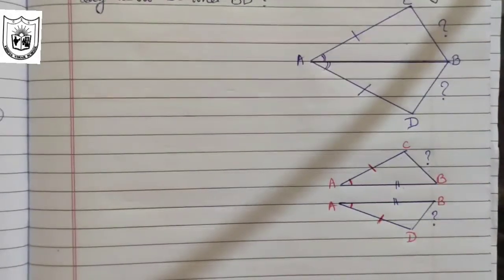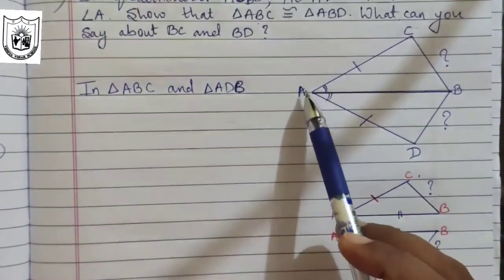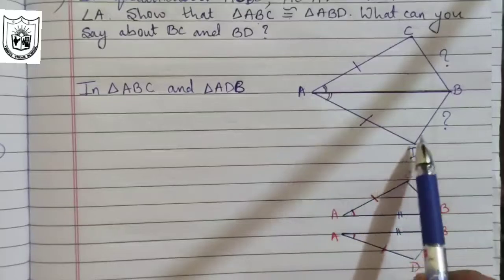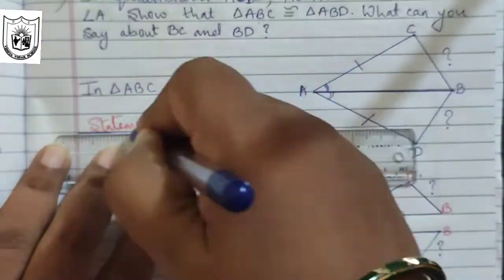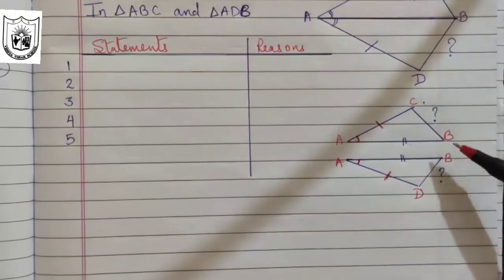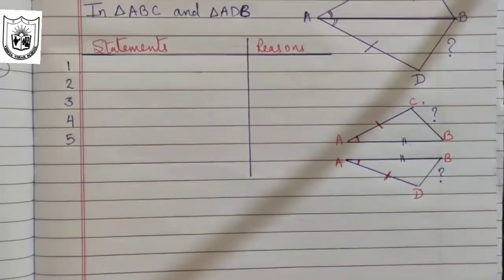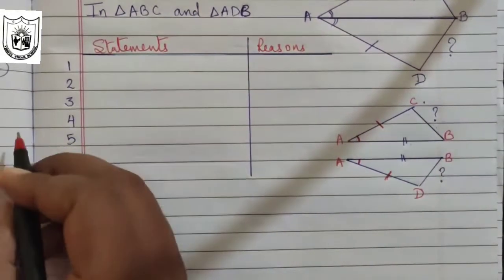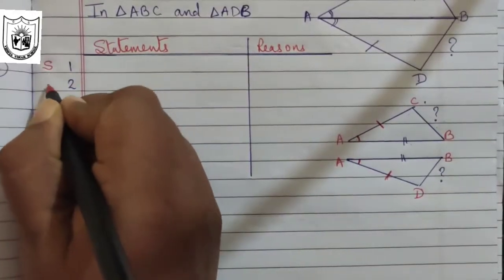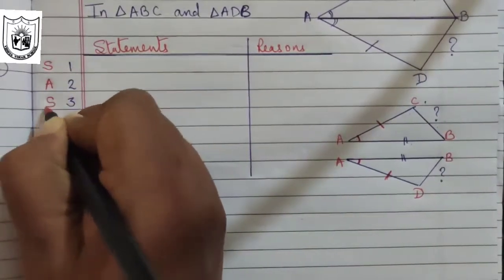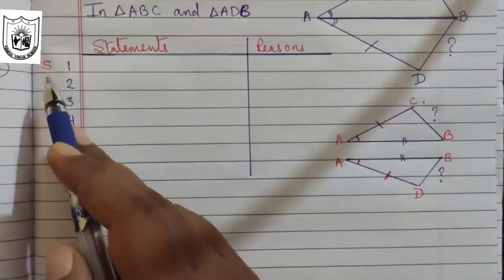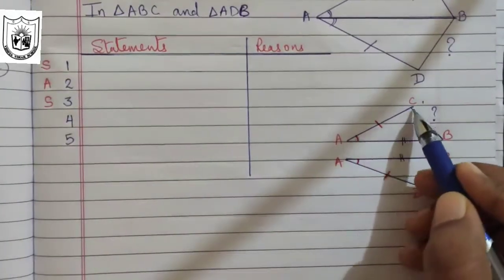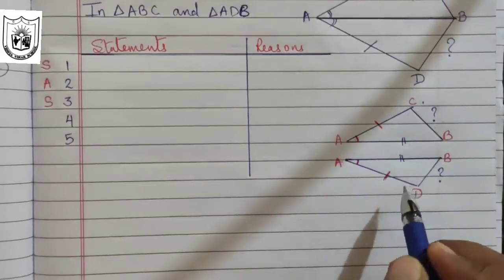So let us start writing the proof now. In triangle ABC and triangle ADB, we have observed and analyzed that it is the SAS congruency rule by which they are congruent. So you can just write here at the side, that is SAS, and accordingly start writing the steps. S here stands for side. So you can say AC is equal to AD.